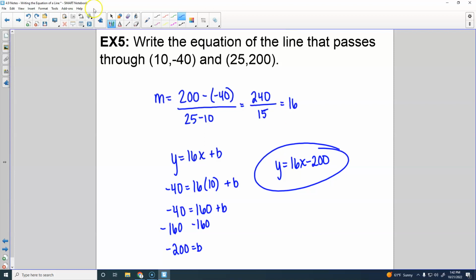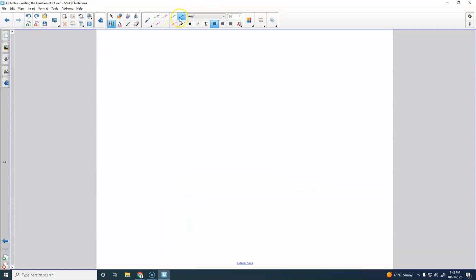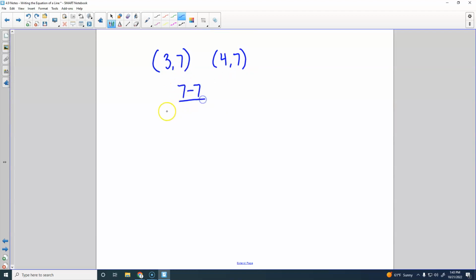Oh, I forgot to do one like this. What about if I had the points 3, 7, and 4, 7? Whenever I do slope, I do 7 minus 7 over 4 minus 3, which gives me 0 over 1.